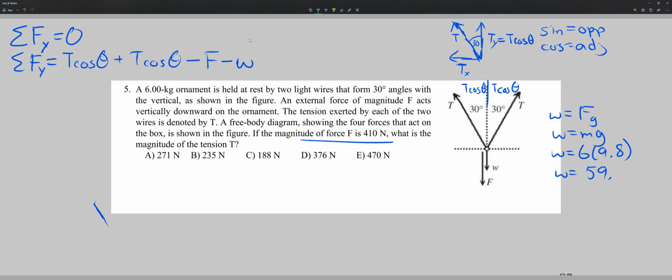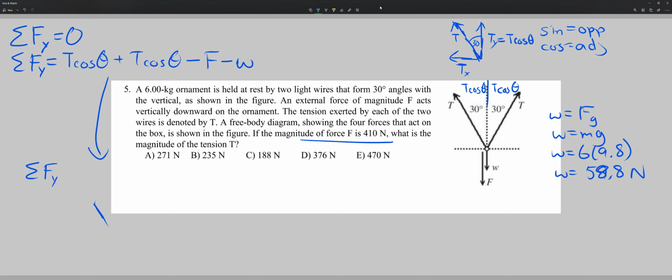Let me just double check real quick. It's 58.8, actually. Oh yeah, that makes sense. So this is 58.8 newtons.